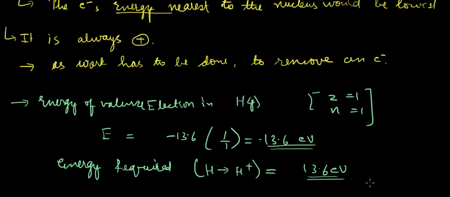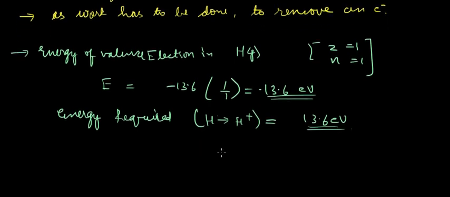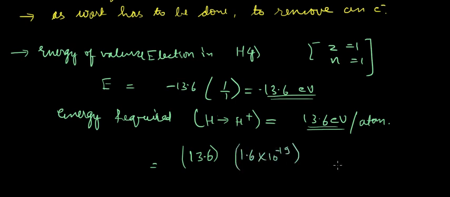This much energy needs to be provided to convert an H atom into H plus ion. This is electron volt per atom. Okay, so let's convert it into joule per atom. The charge on an electron volt is 1.6 into 10 to the power minus 19 coulomb, and then for per mole we would use 6 into 10 to the power 23.